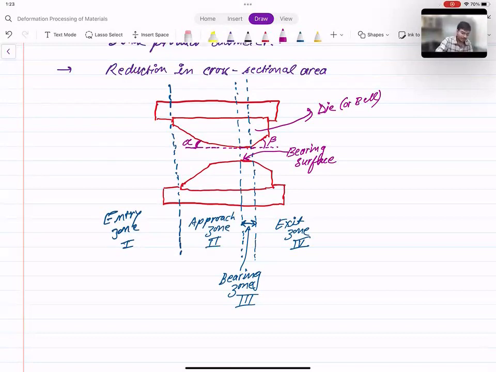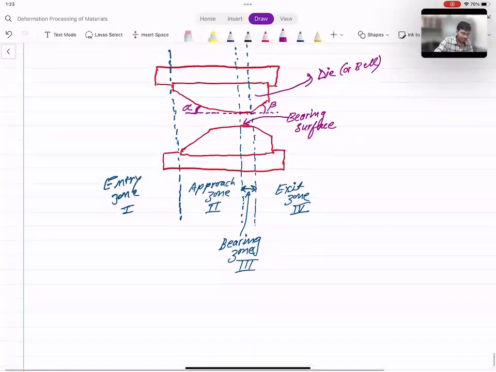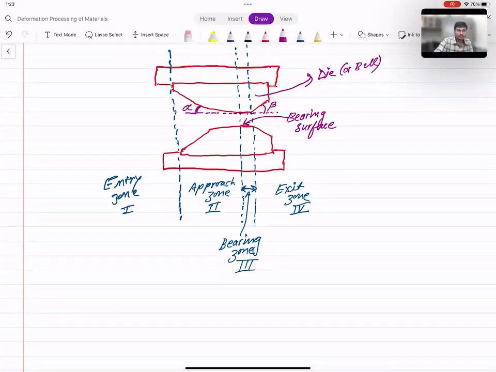Okay, so let us see one by one what is the role of each of the zones or sections. The entry zone is basically made to put the initial workpiece into the die, and here it comes into contact with the lubricants and draws them along with it. The initial shape, if you see near the approach angle, is slightly tapered.